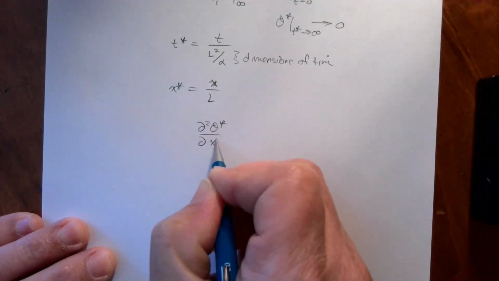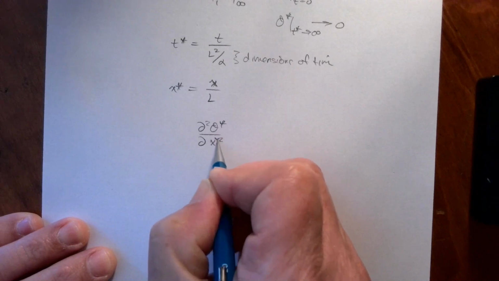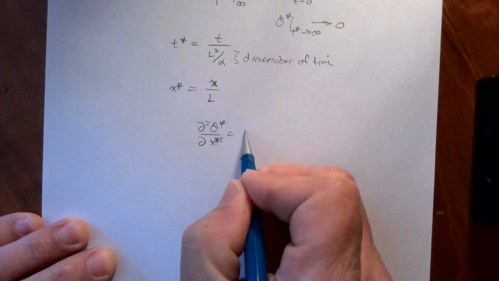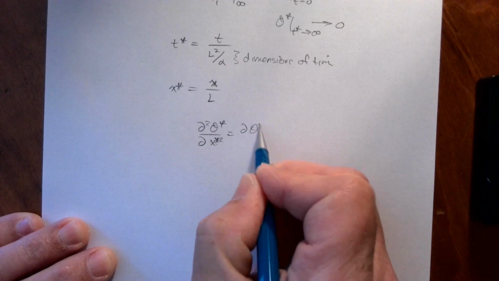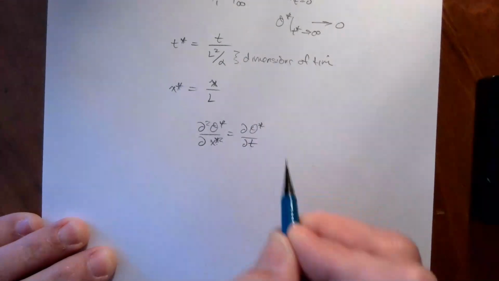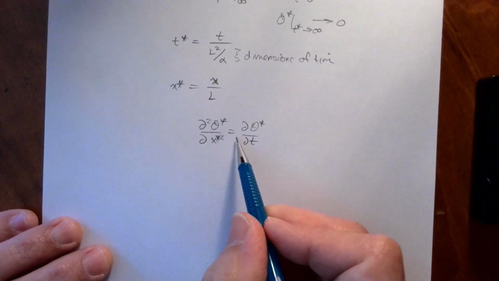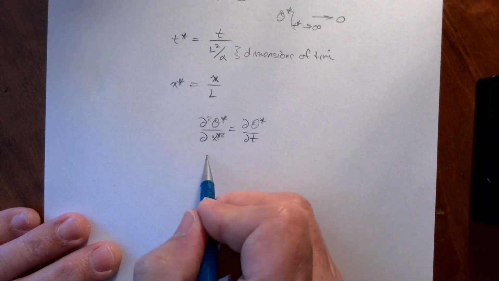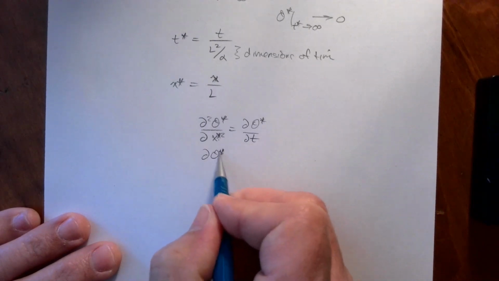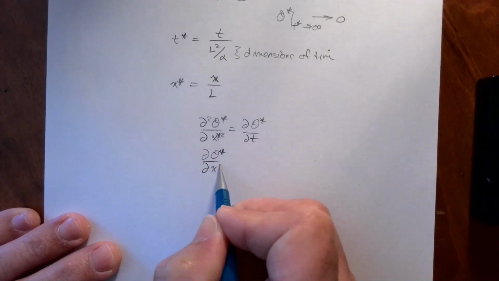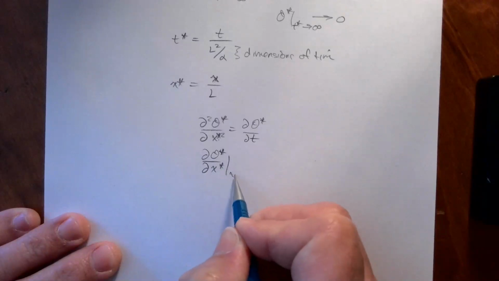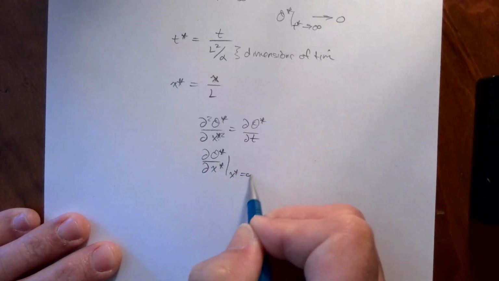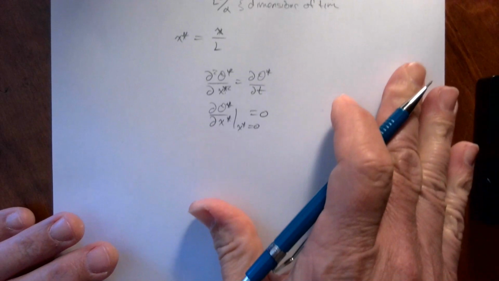Our governing differential equation turns into this. Alright, so no alpha shows up in this. Our boundary conditions are theta star, derivative of that with respect to x star at x star equal to 0 is equal to 0.